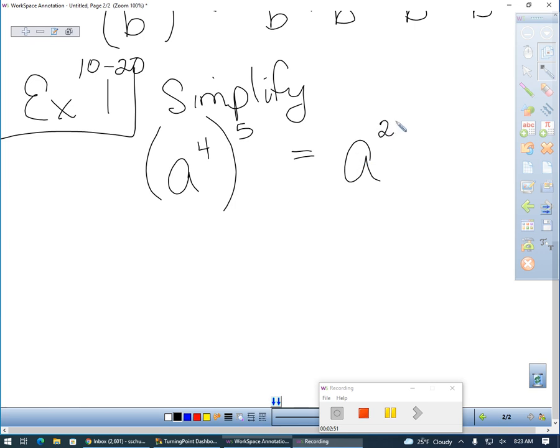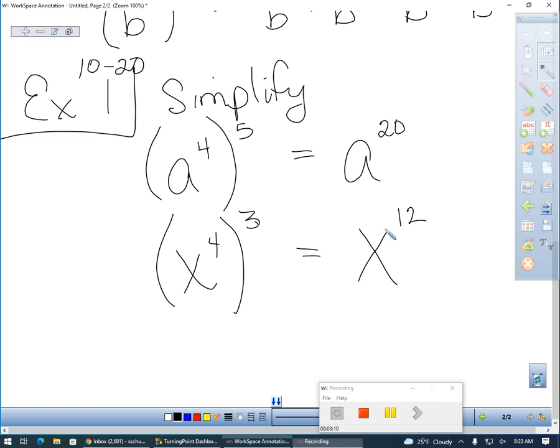A to the 20. That's good. We just multiply our exponents. What if I had x to the 4th raised to the 3rd? Yes, x to the 12th.